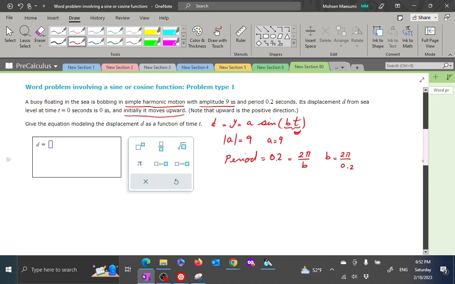Our final answer is going to be 9 sine of 2 pi over 0.2 t. Written a bit nicer, that becomes 9 sine of 10 pi t, and that is a good enough answer.